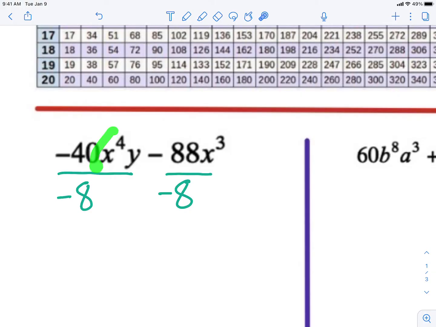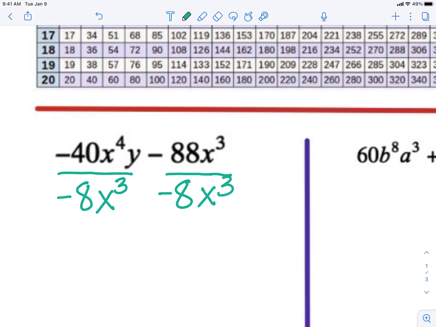I can take out x to the fourth here, meaning 4 x's. But I can't take out 4 here, because there's only 3 x's. So I can take out 3 for sure, there's enough to take out 3 in both. So I'm going to divide by x to the third and x to the third.